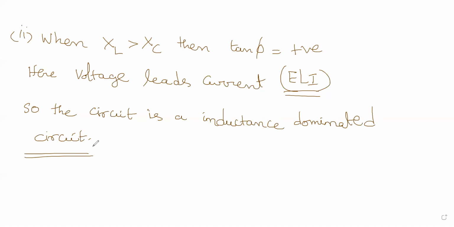When XL is greater than XC, then tan phi is positive, hence the voltage leads current. We will say that the circuit is inductance dominated circuit. So always remember tan phi is XL minus XC divided by R. This formula you have to remember.